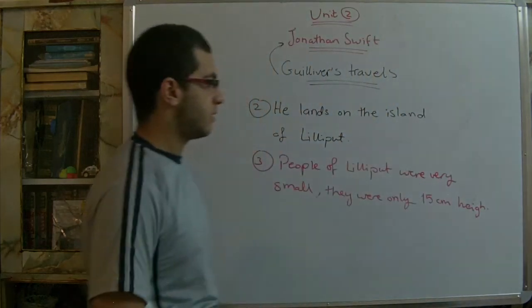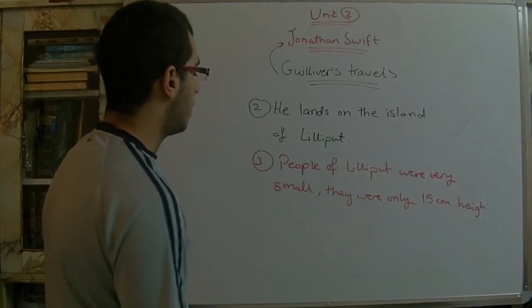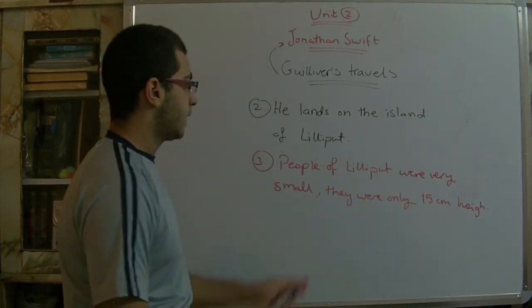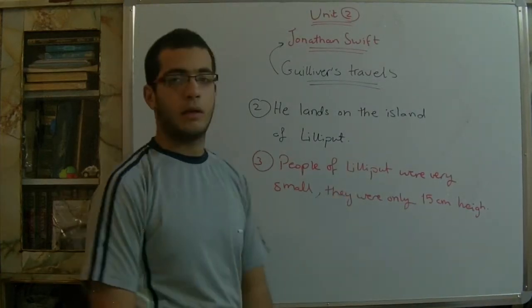So of course this is fiction here. This is a humor story that Jonathan Swift has written. So the people of Lilliput were very small. They were only 15 centimeters high.